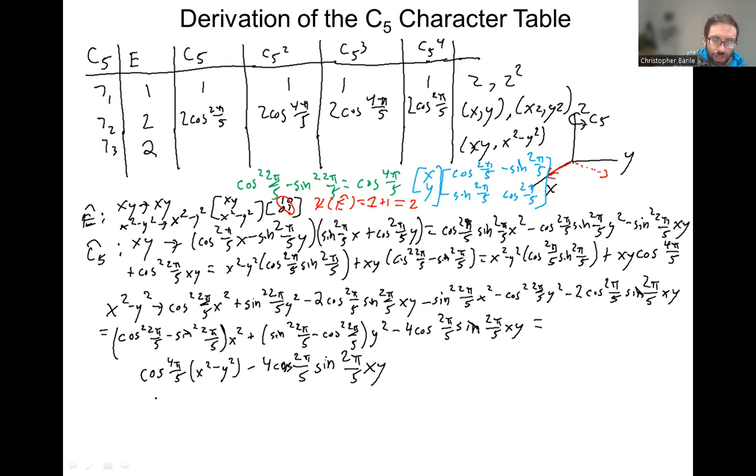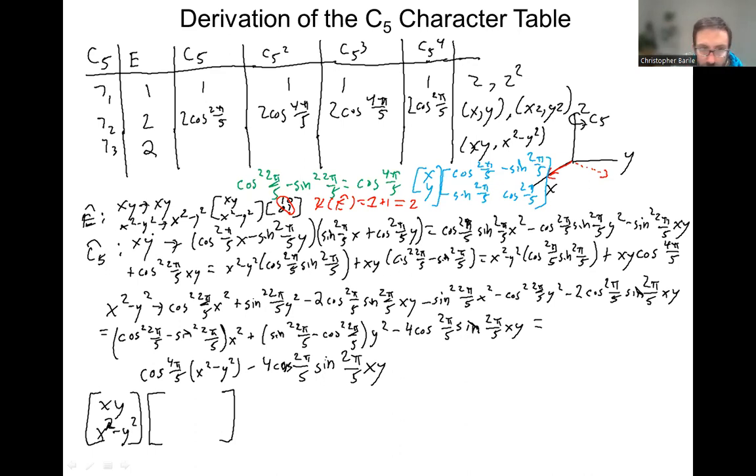So now we can write our transformation matrix. It's going to take our two functions that we know transform together, xy and x squared minus y squared. And all we care about is the on-diagonal elements. So the on-diagonal elements are the coefficient for xy, the coefficient for xy.